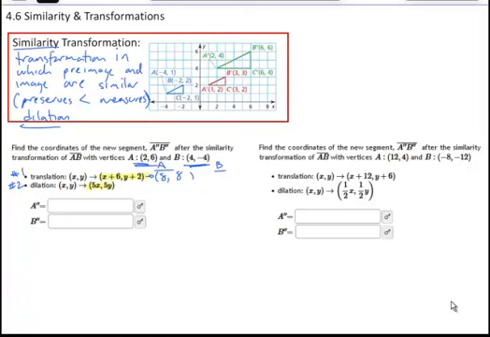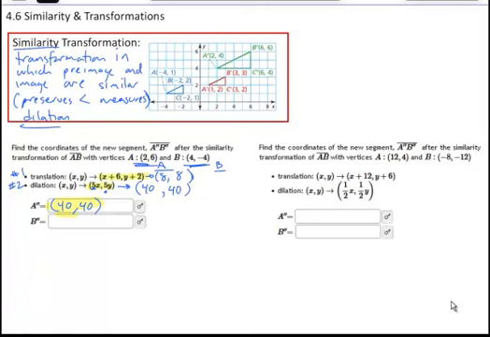And then you're going to apply the second step, which is to multiply by 5. So this is the dilation. We see the dilation factor of 5. And so what is 8 times 5? 40. 8 times 5? 40. And so that would be your new point A. So you're going to build it from the original and apply each of those transformations.